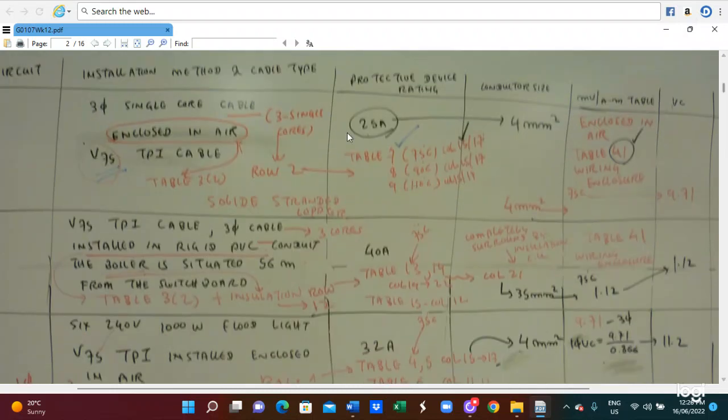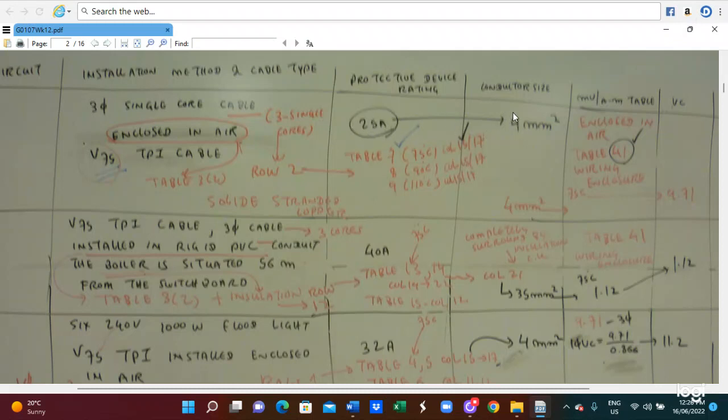Firstly, we select the appropriate table depending on whether it is enclosed in air. In this case we select table 32. Table 32 has row number 2, and then this further refers to tables 7, 8, 9. Then we select the protective device rating, 25 ampere.